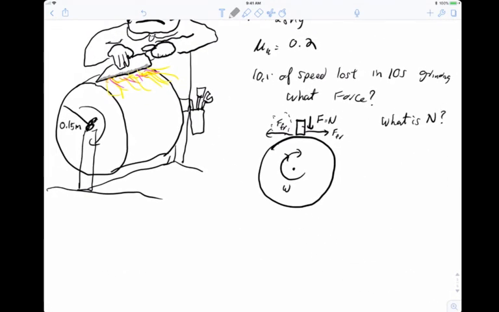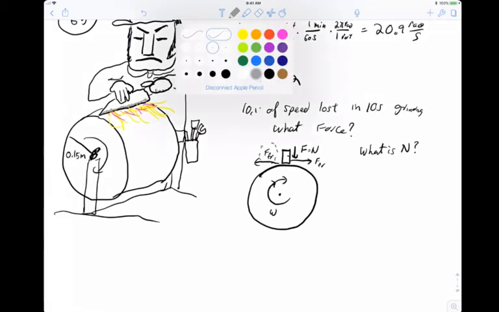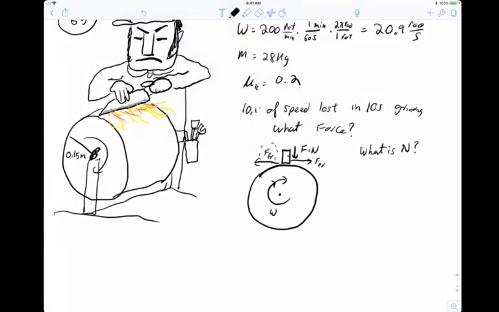So, how do we figure out what all this is? If I knew what the friction force was, I could figure out what the normal force was, right? Because I'm given the coefficient of friction. Here's the thing. This friction force is applying a torque to the wheel. The friction force the wheel feels pulls in the opposite direction it's spinning.